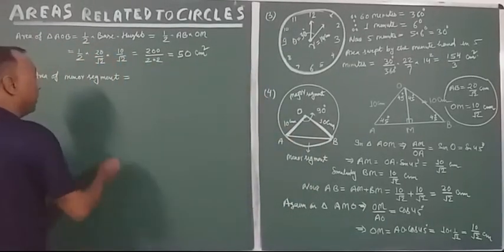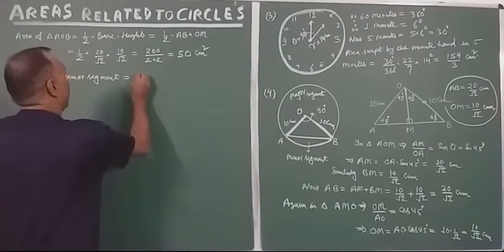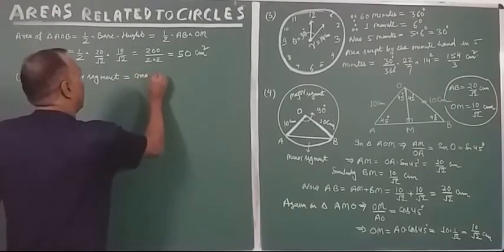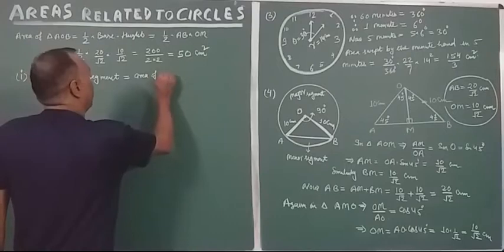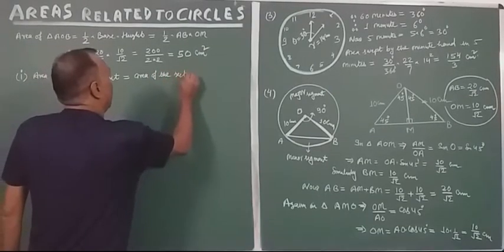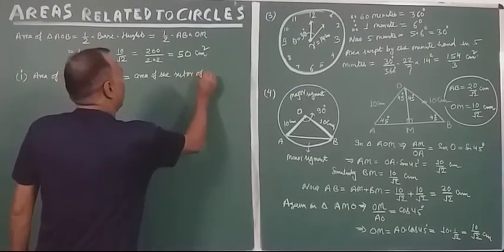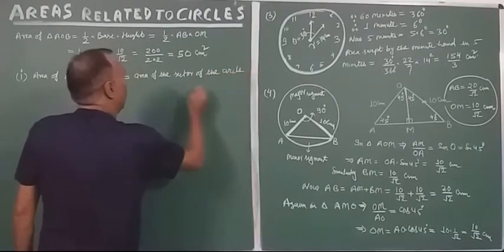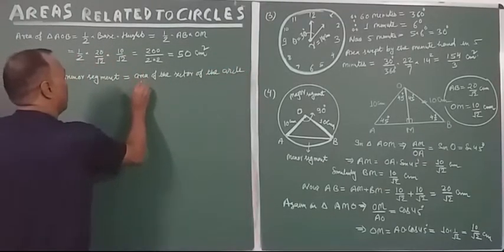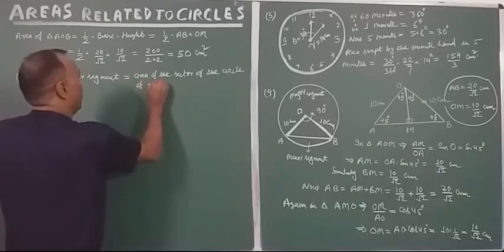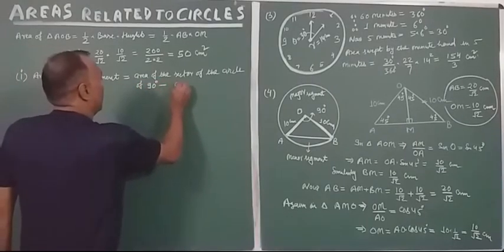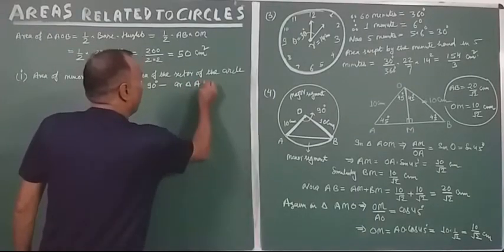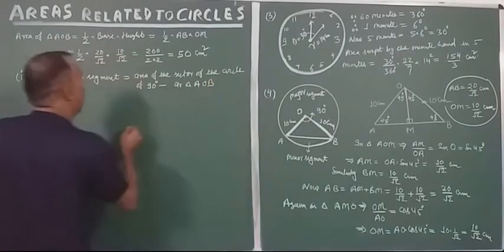So that will be area of the sector of the circle of 90 degree minus area of triangle AOB.